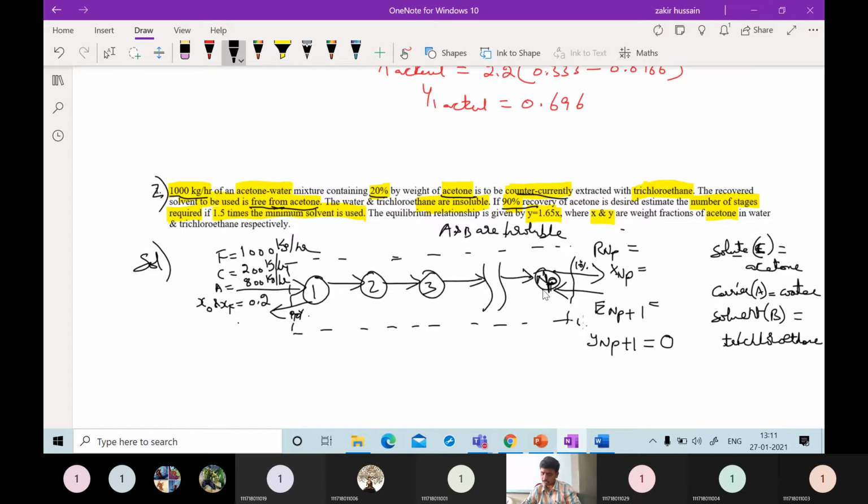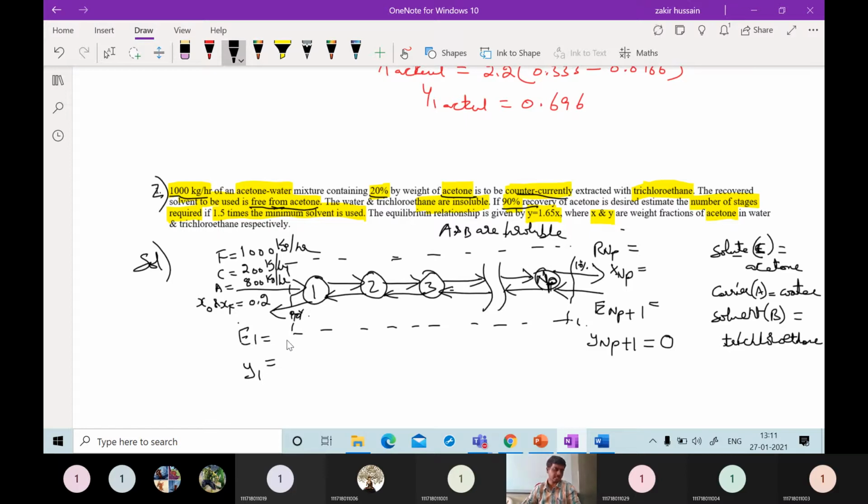So this solvent will be coming to XNP, and from NP to NP minus 1, then fourth stage to third stage, third stage to second stage, and second stage to first stage. From the first stage it will be coming outside. So now here the notation scheme is E1 and Y1.